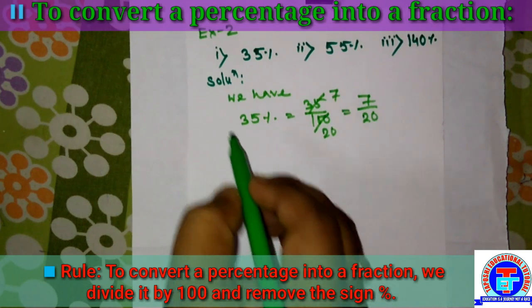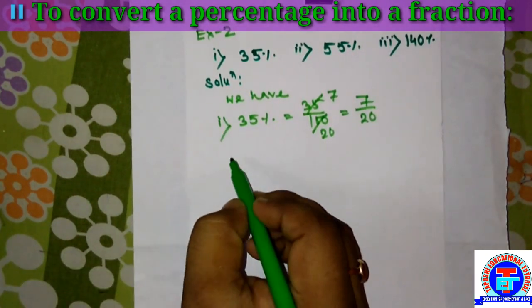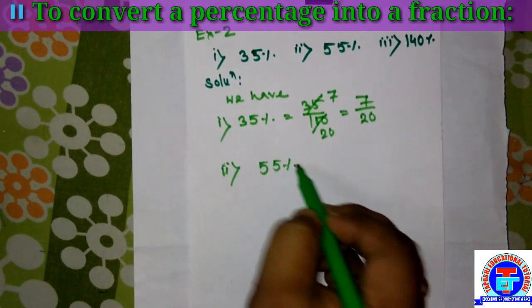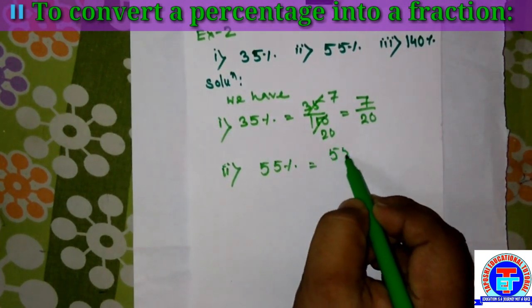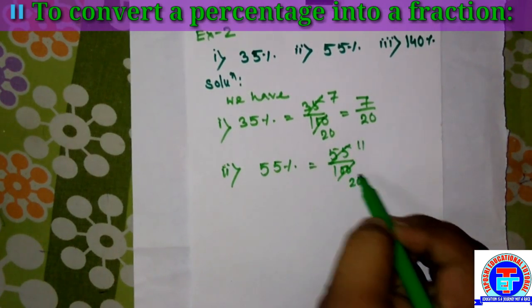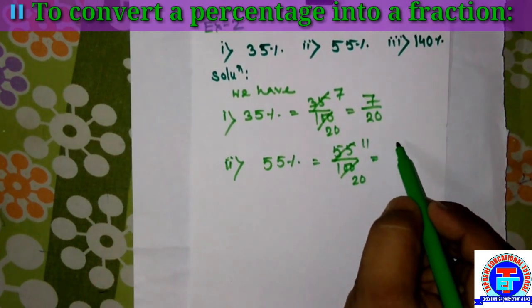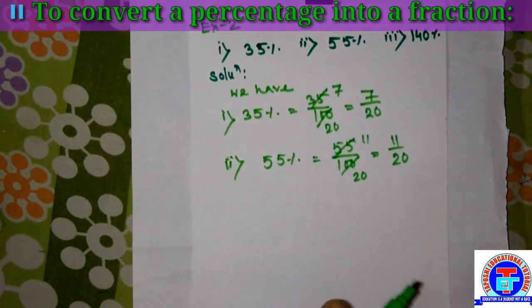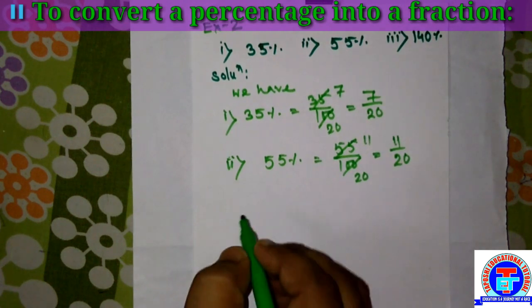This is the answer. Number 1 problem solved. Number 2 here, we have 55 percent. That means we write 55 by 100. This one 11, this one 20. So we write here 11 by 20. This is the answer.